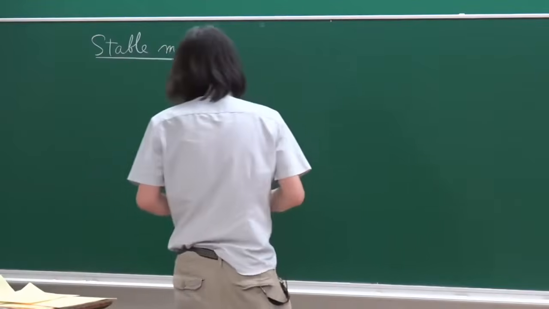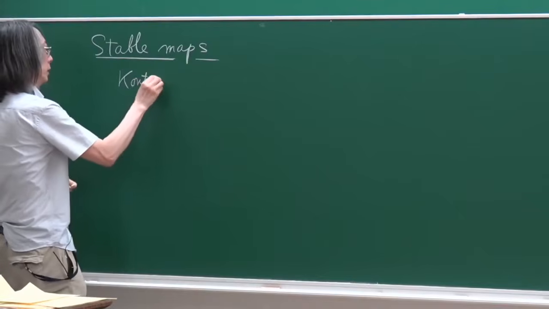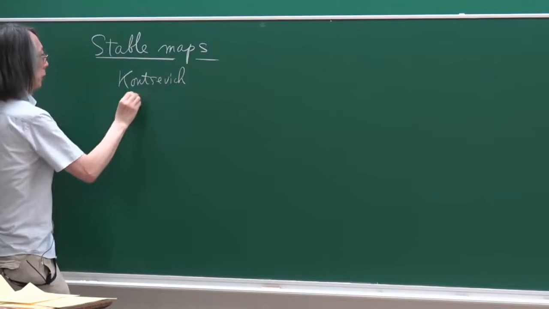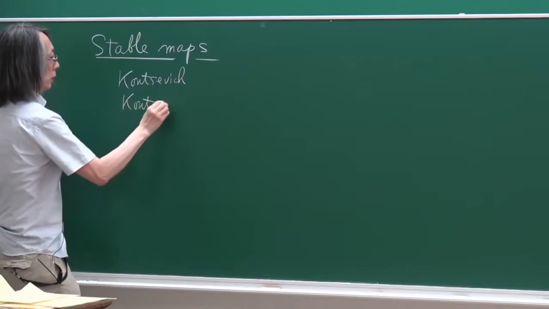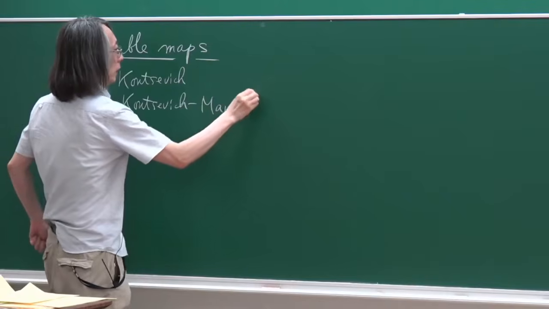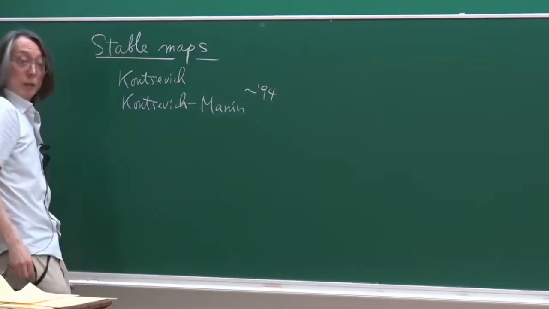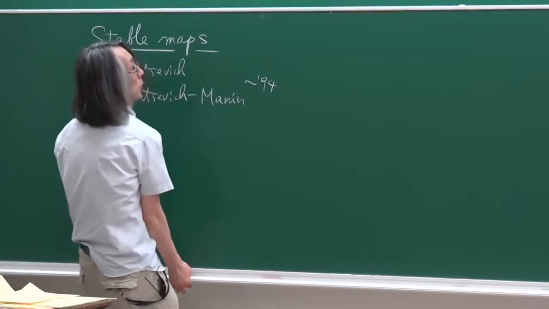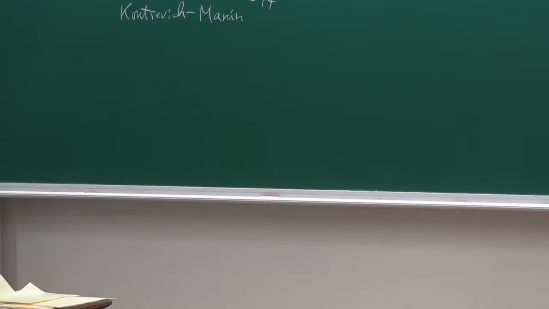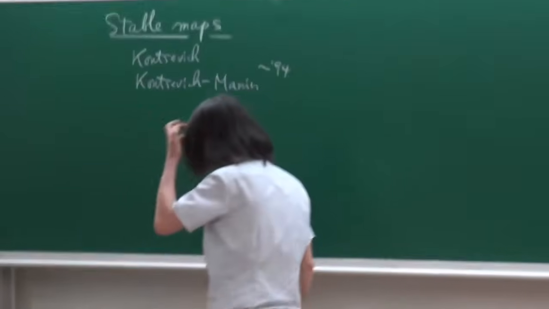The notion of stable maps was introduced by Kontsevich, or also the paper by Kontsevich and Manin, around '94. And this is really the correct framework to study the compactification of the moduli space of holomorphic curves.